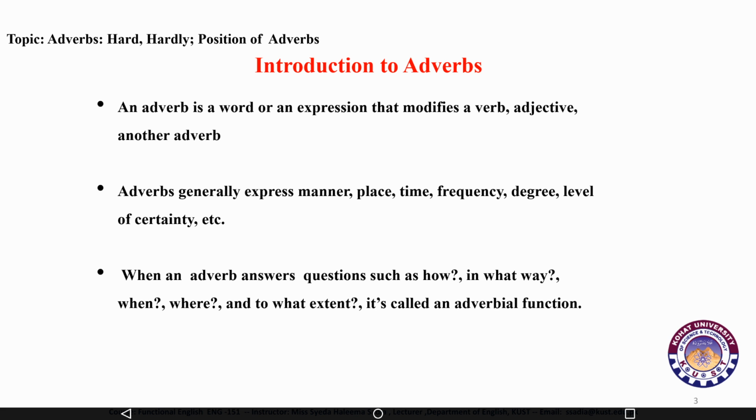So whenever there is an adverb which tells you how far, how much, or what was the frequency of something happening, it will be called an adverbial function.